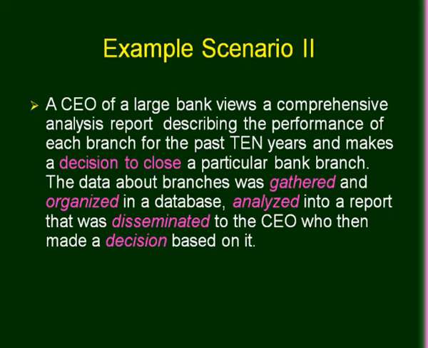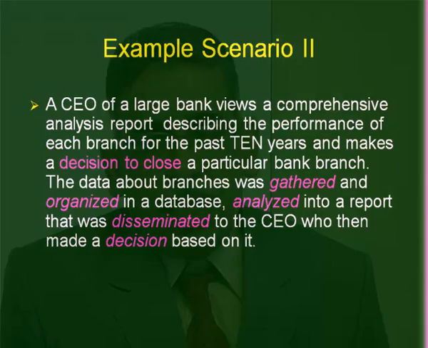The data about branches was gathered and organized in a database, analyzed into a report that was disseminated to the CEO, who then made a decision based on it. So in this scenario also, gathering, organization, storing, analysis, dissemination and decision making are all involved.